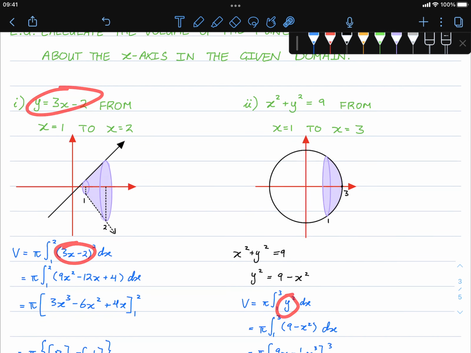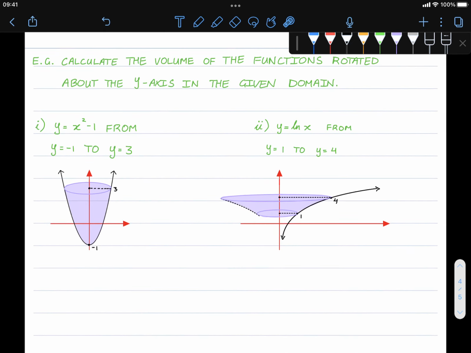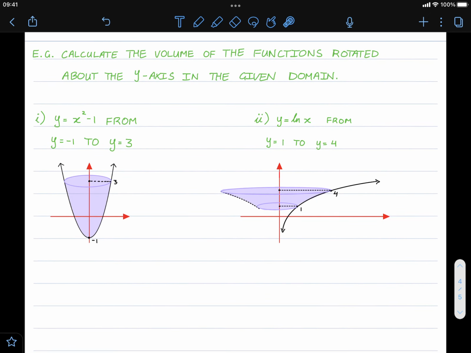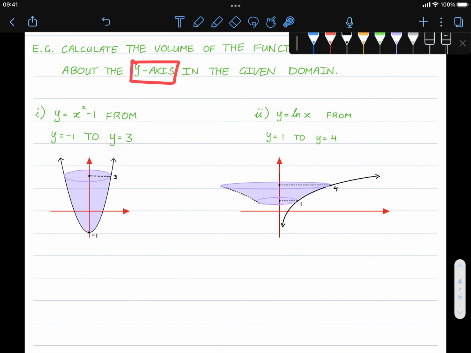Okay, let's move along where we do a few examples where we do this against the y-axis this time. You can pause the video and give this a go. So we're doing the exact same thing, but this time we're doing it against the y-axis.